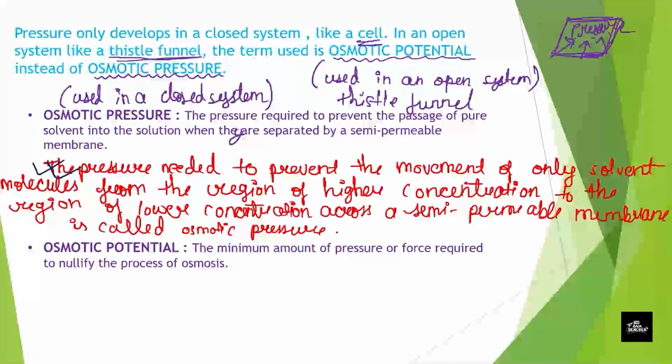And osmotic potential is also a similar thing to osmotic pressure, but we have defined it here in a different way. We have written that the minimum amount of pressure or force required to nullify the process of osmosis is called osmotic potential. Now, what is the meaning of the term nullify? The term nullify means to prevent or to stop, to completely stop the process of osmosis.